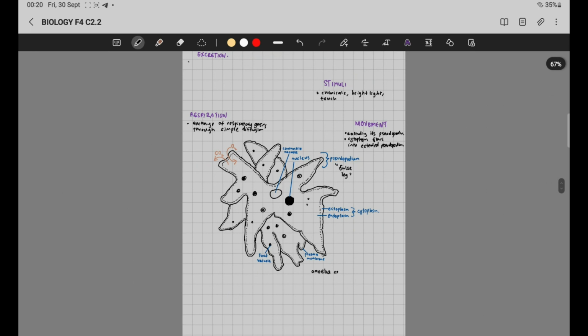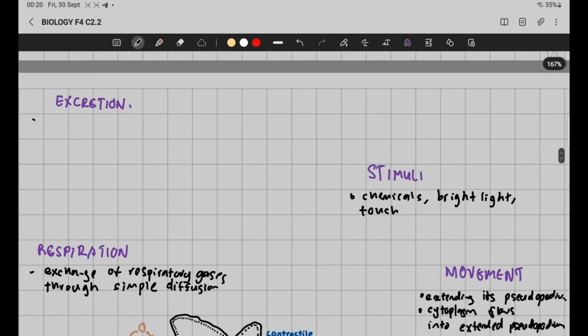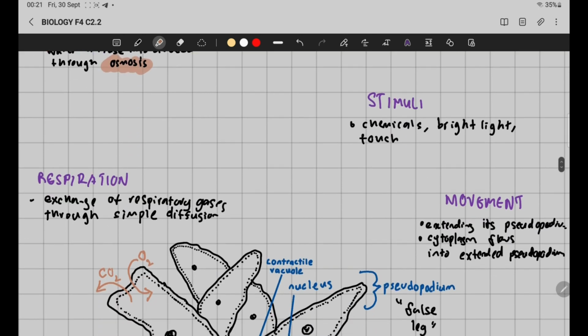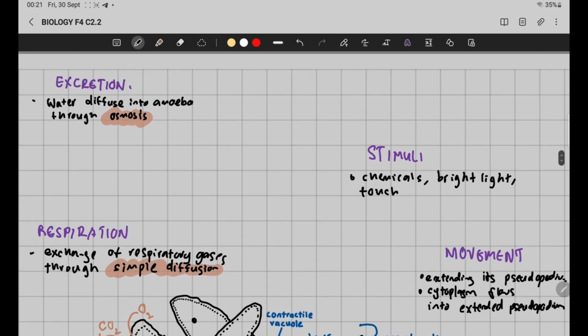So when water diffuses into the amoeba through osmosis, you should really pay attention to the terms osmosis and simple diffusion here. Through osmosis, the water will fill up the contractile vacuole.